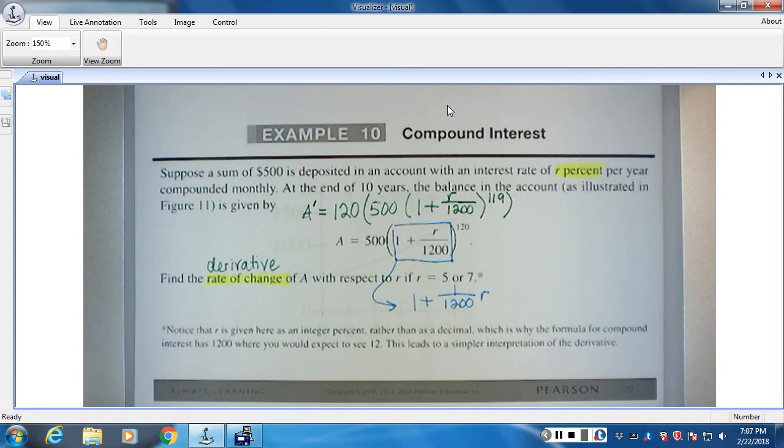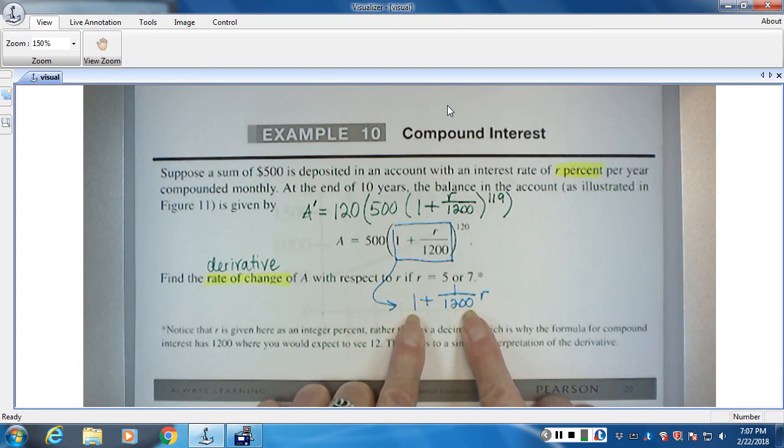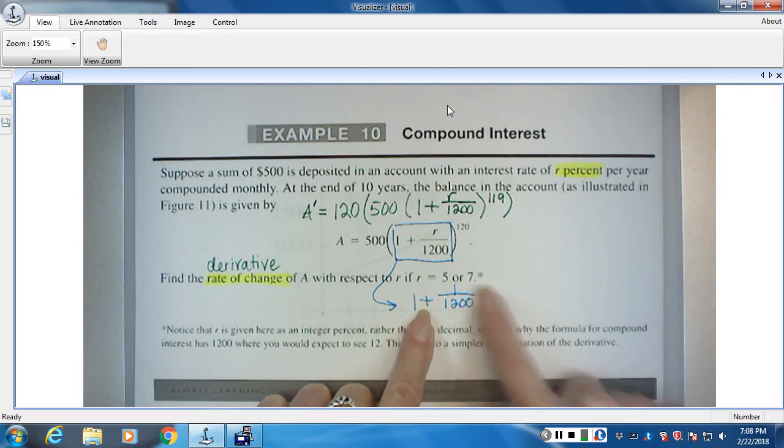It's just another number. Okay? So the derivative of 1 plus 1 over 1,200 times R, what's the derivative of 1? 0.